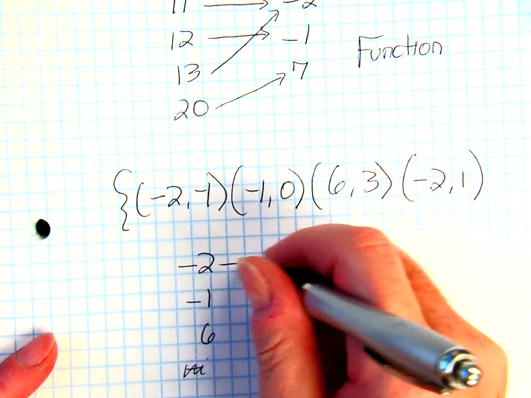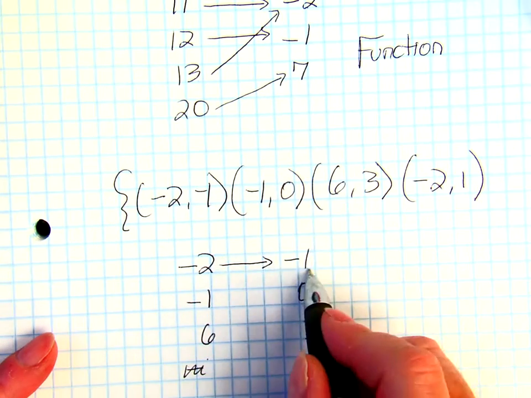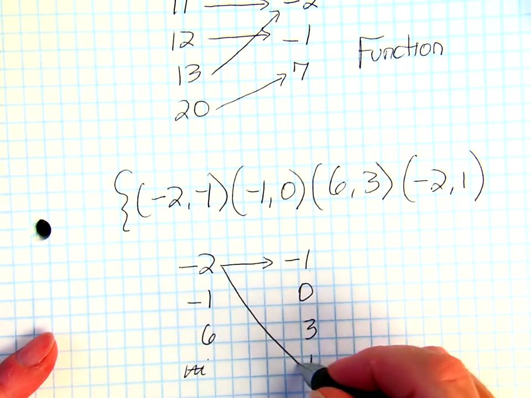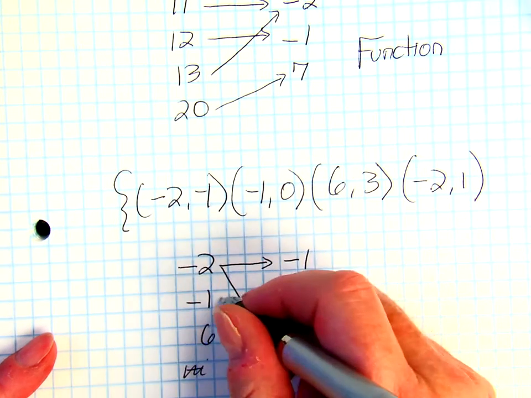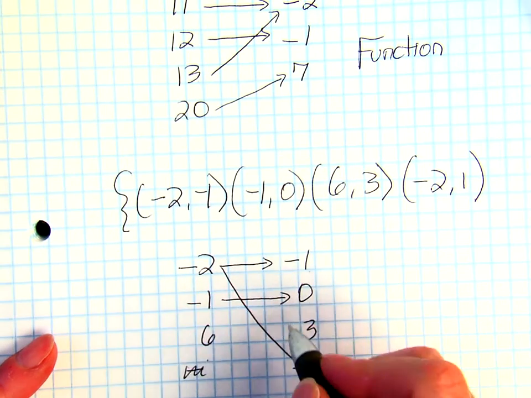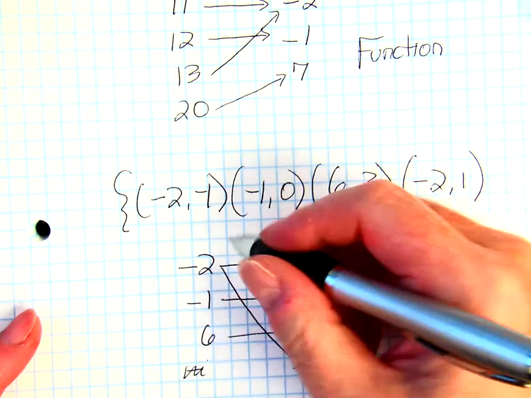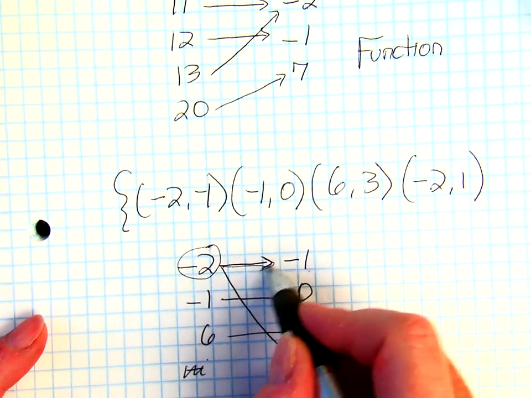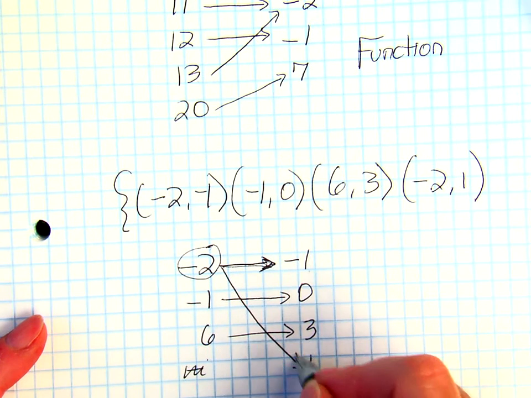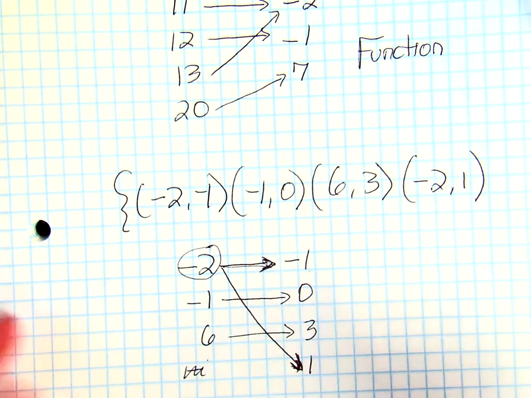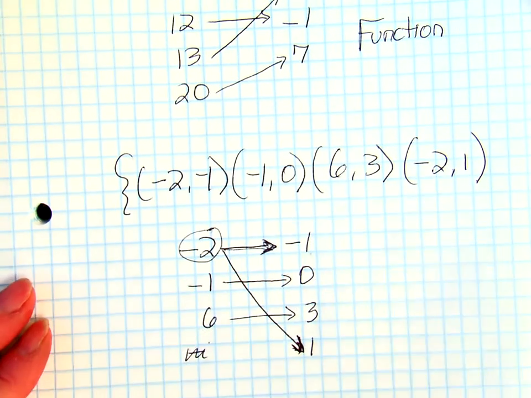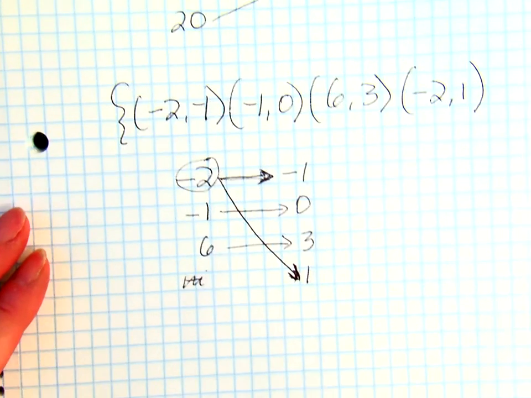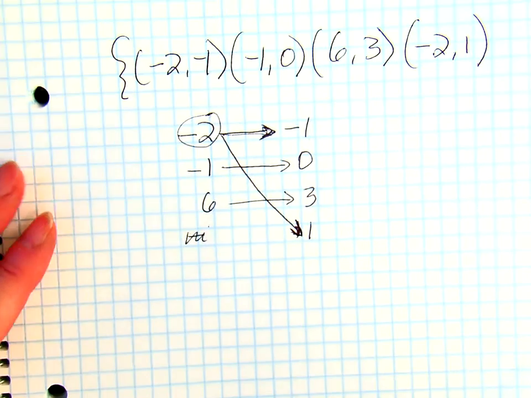So this -2 has a range of -1, but it also has a range of 1. This goes straight across here, this goes straight across here. So this too has two different values of output. That's totally impossible if you have a function.